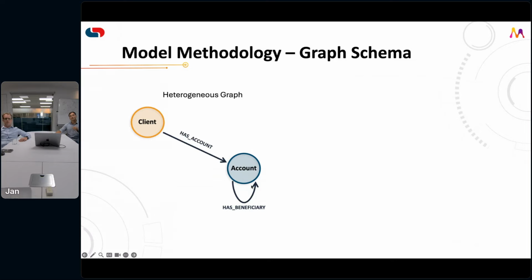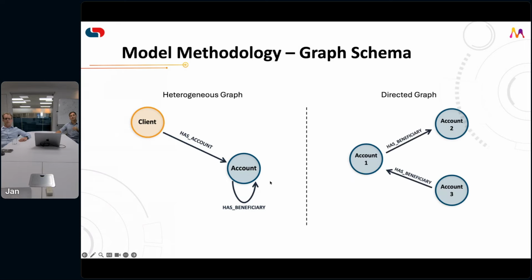What you'll see is this arrow going into itself is that we also made our lives a bit more interesting, looking at directed graphs, where you will see there are ingoing and outgoing flows of transactions.